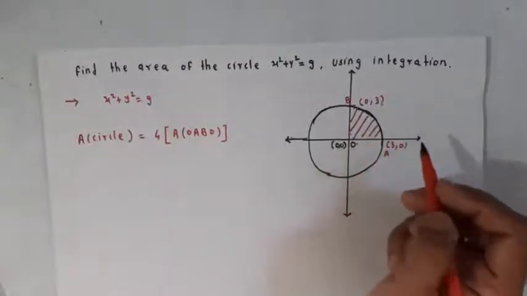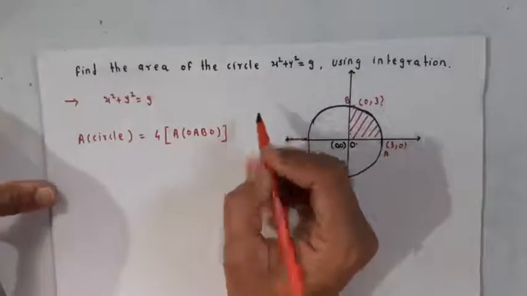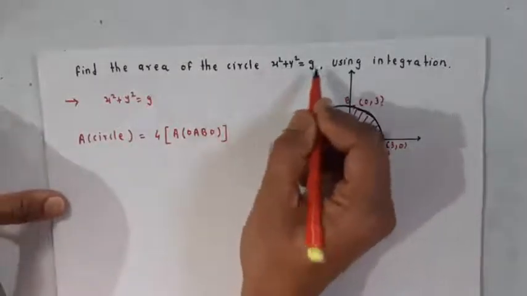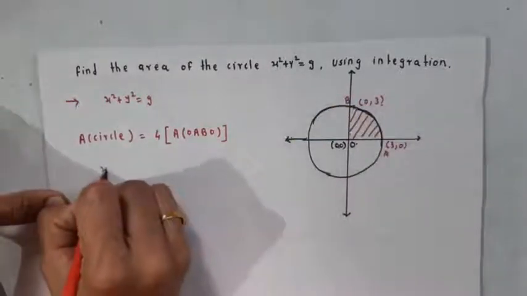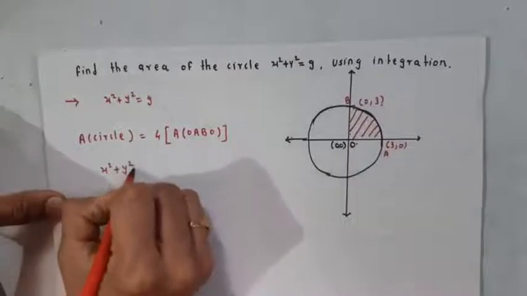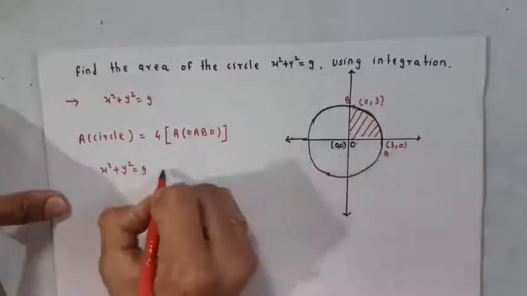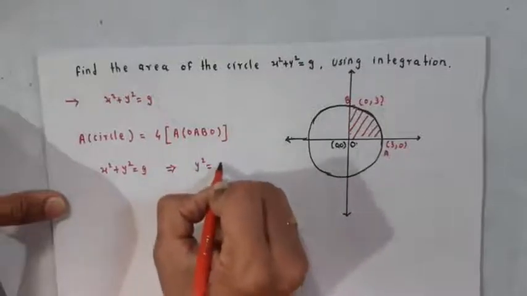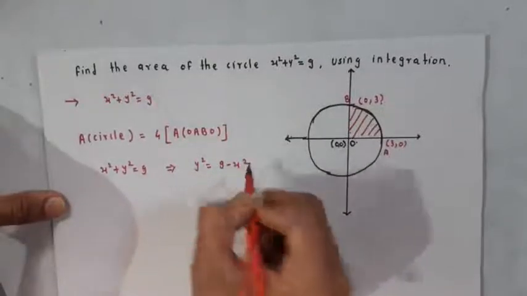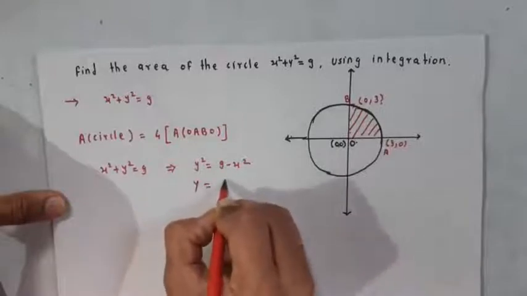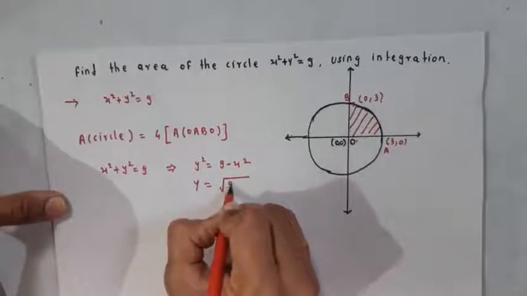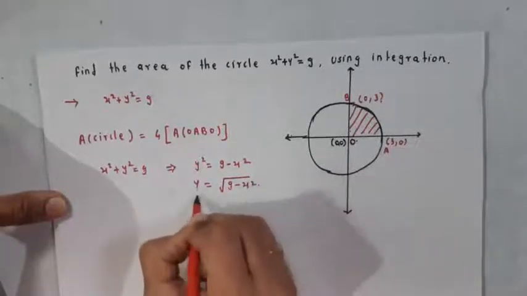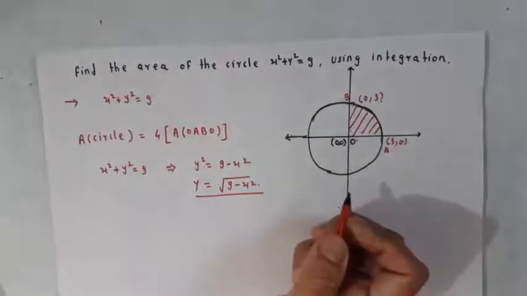So here the curve is x square plus y square equal to 9. This implies y square equal to 9 minus x square, and this implies y equal to square root of 9 minus x square, taking the square root on both sides.